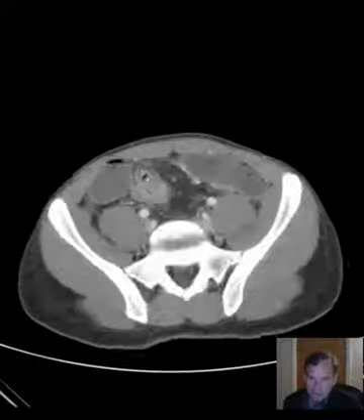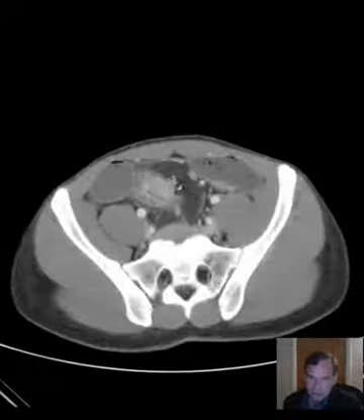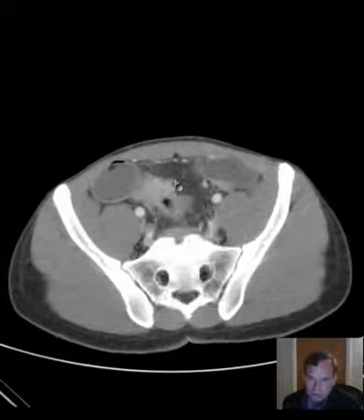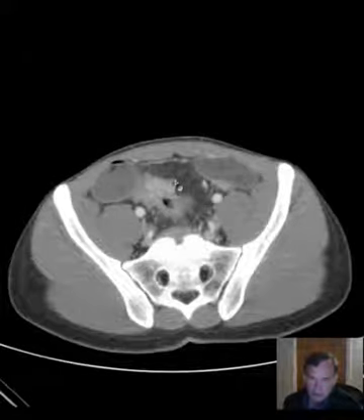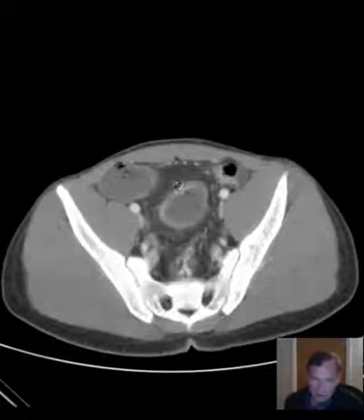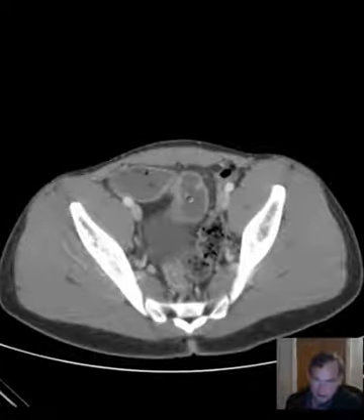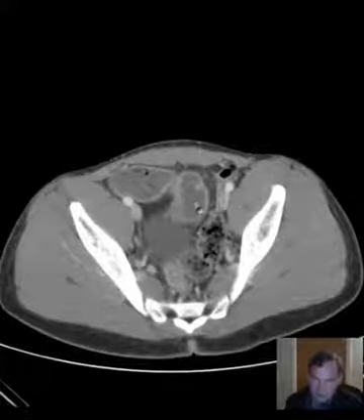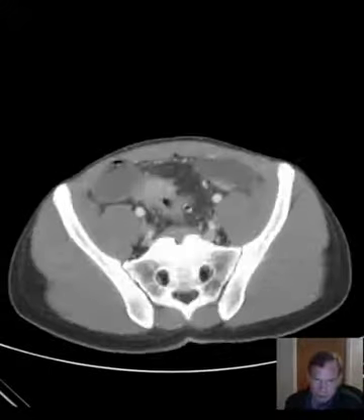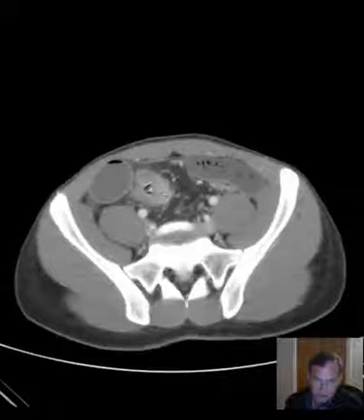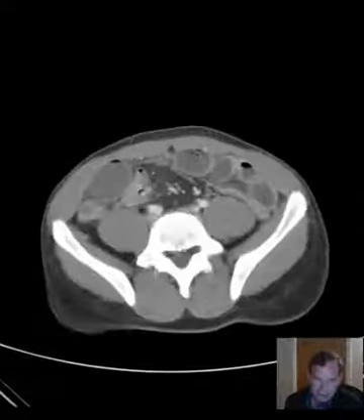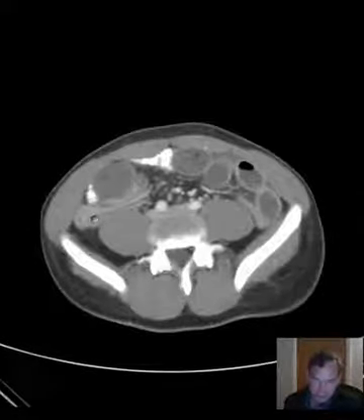So this small bowel obstruction seems to be at about the level of the terminal small bowel, because I can see this is clearly a part of the distal ileum, the distal small bowel, just proximal to the ileocecal valve. This is the ileocecal valve, and immediately we see a reduced caliber colon.